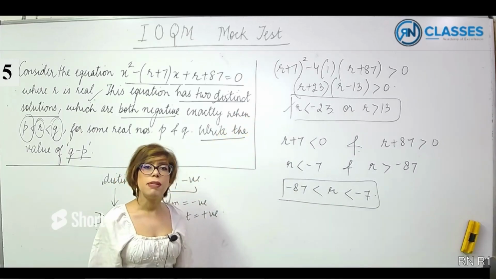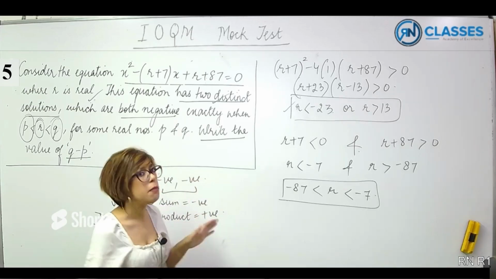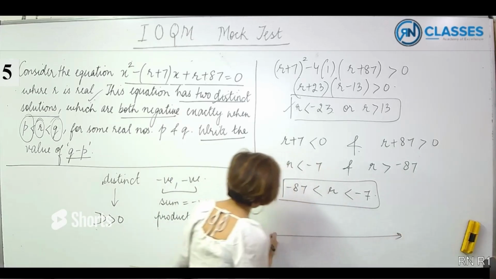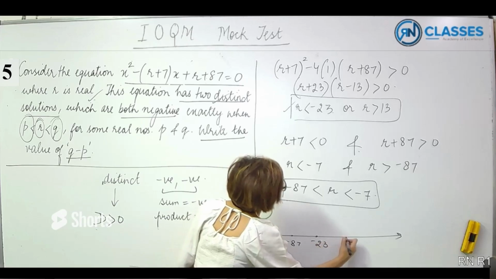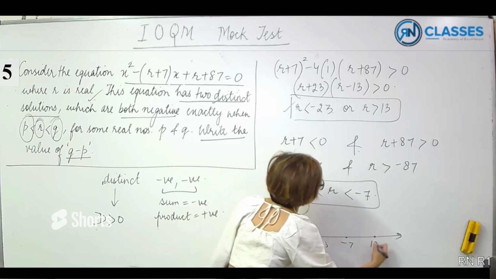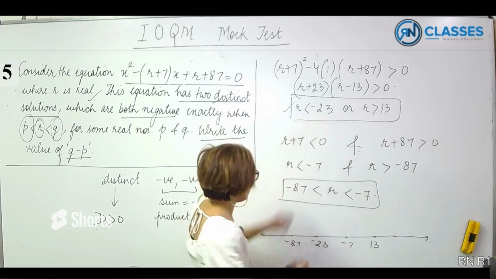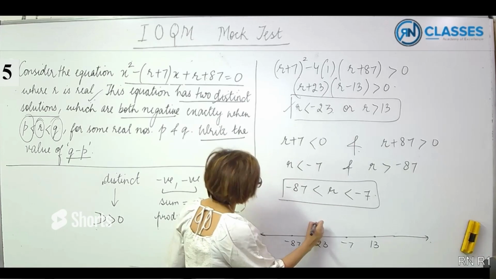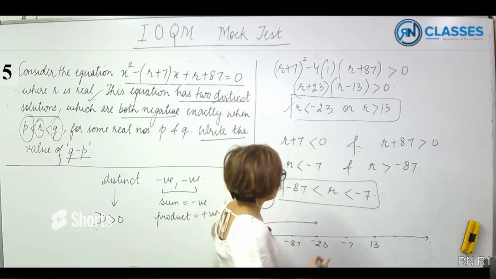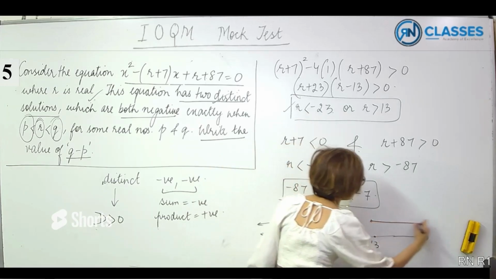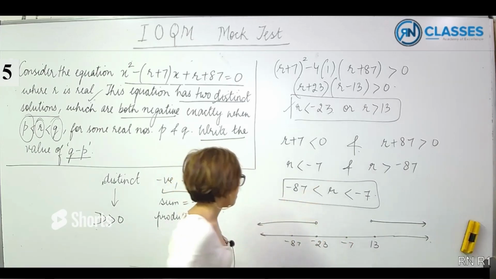Right? Both of these conditions have to be satisfied. Now, if both of them have to be satisfied, maybe I can have the number line, or if I can see the answer straight away, good for you. But I'll make the number line. Right? So, I will mark minus 87, then I'll mark minus 23, then minus 7, then 13. Right? Now, first is r is less than minus 23. So, either r is in this one. Less than, so obviously there's a hole over here. And r greater than 13. All real numbers greater than 13. Right? First condition. Second, minus 87 to minus 7.